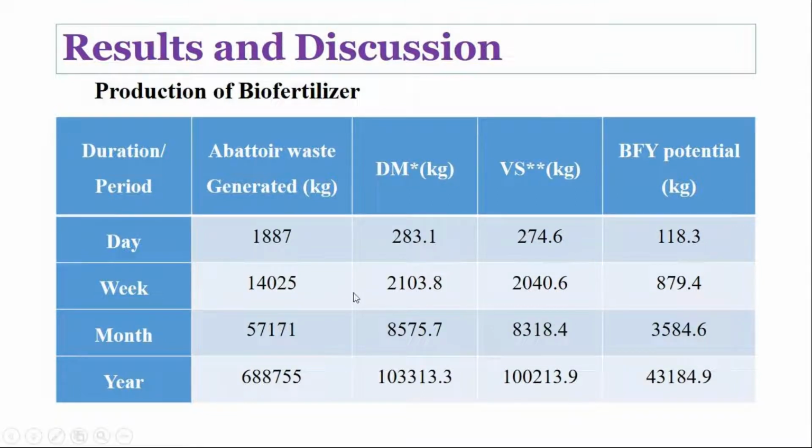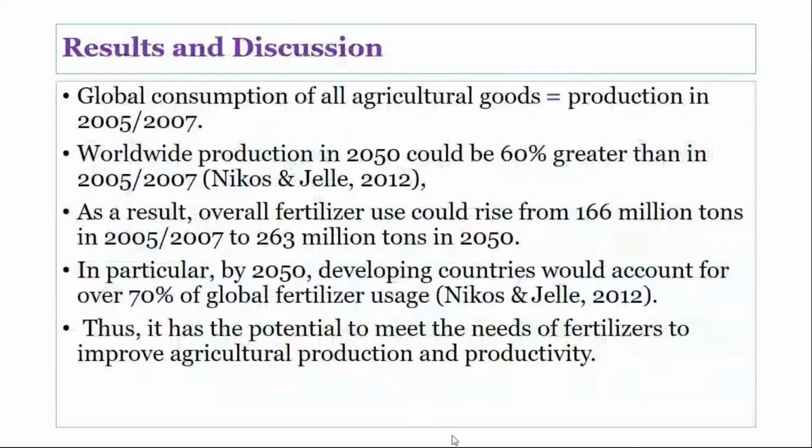Per week, from 14,000 kilograms of waste, around 879.4 kilograms of organic fertilizer would be generated yearly. About, more than 43,000 kilograms of biofertilizer could be generated if biogas technologies are introduced in the study area.